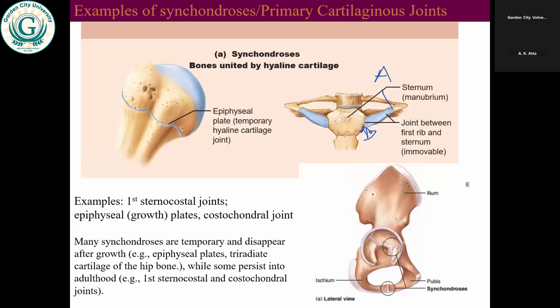So what is A and what is B? There is this sternoclavicular joint.